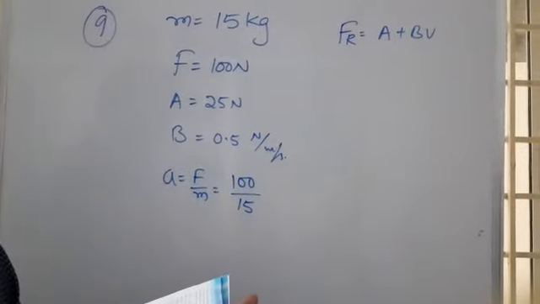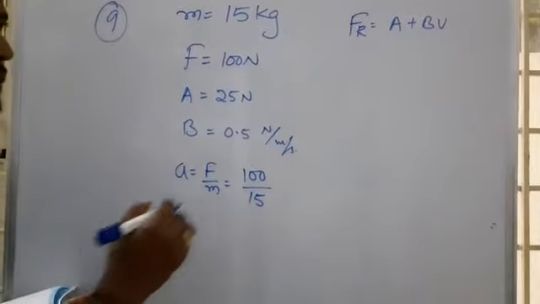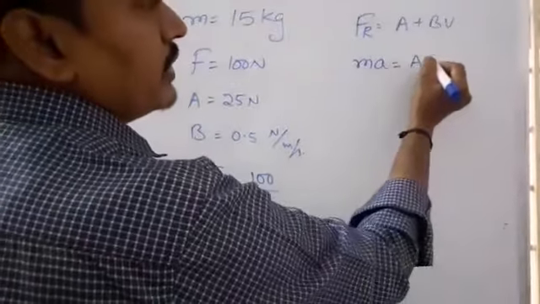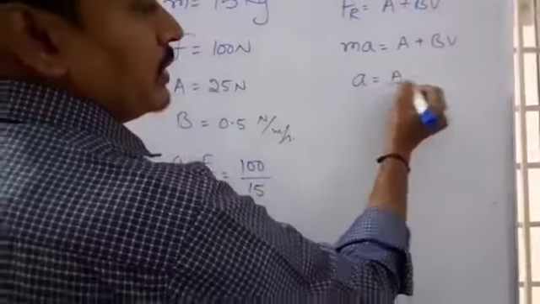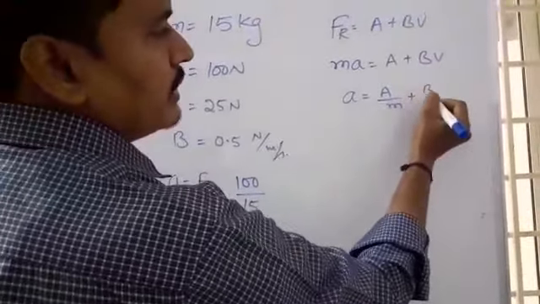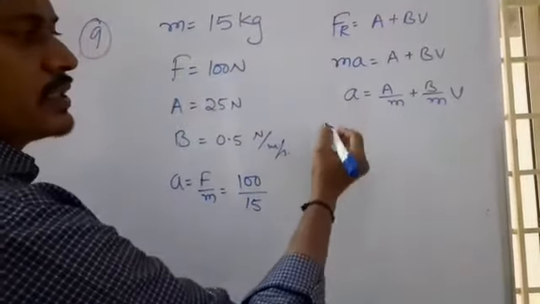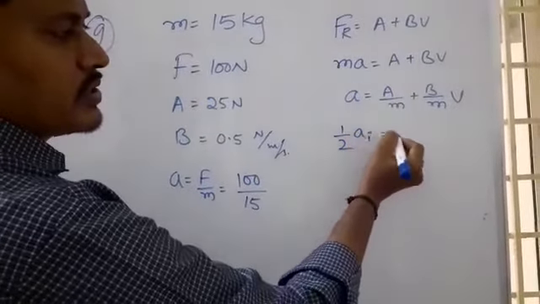The question is, what is the velocity when the acceleration is equal to half of the initial acceleration? ma is equal to A plus B into v, so a is equal to A by m plus B by m into v. Here the acceleration is 1 by 2 of the initial acceleration.